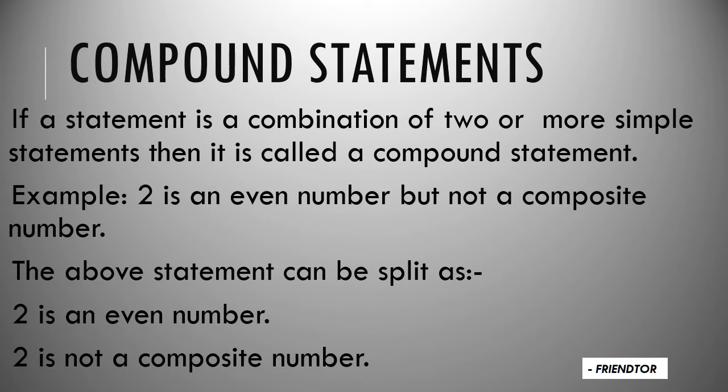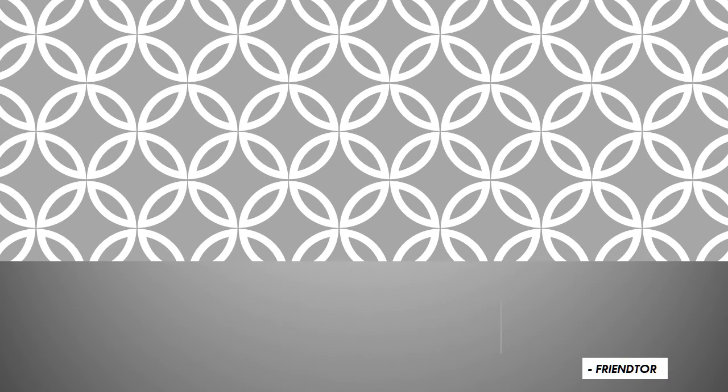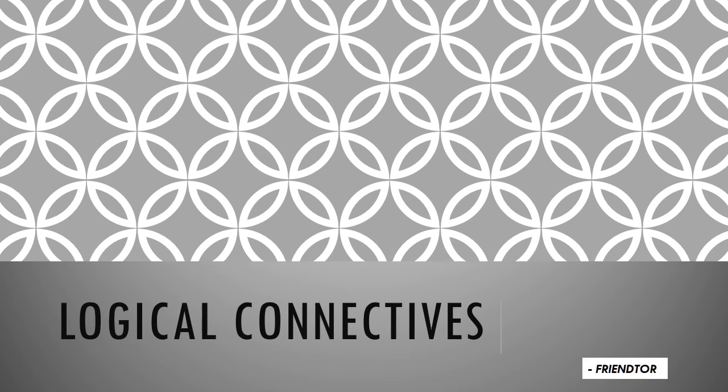Okay. Now let's get into the next major topic, that is logical connectives. I had told you in the last video itself, connectives means something that we use to combine two things. Okay. Logical connective means we are using those connectives to combine two logical statements.